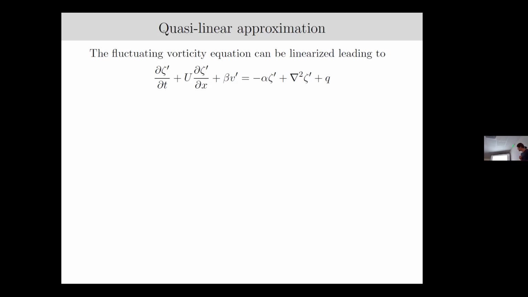So you need to work with this equation, which is not the full equation for your perturbation. Here I've made an assumption, which I call quasi-linear, which is basically assuming that through my Reynolds decomposition, I have several coupling terms between the mean flow and the fluctuation. I will keep this one, which is the advection of the fluctuation by the mean flow, which from the point of view of our model is linear, effectively, because we use a linear decomposition between the mean flow and the fluctuation.